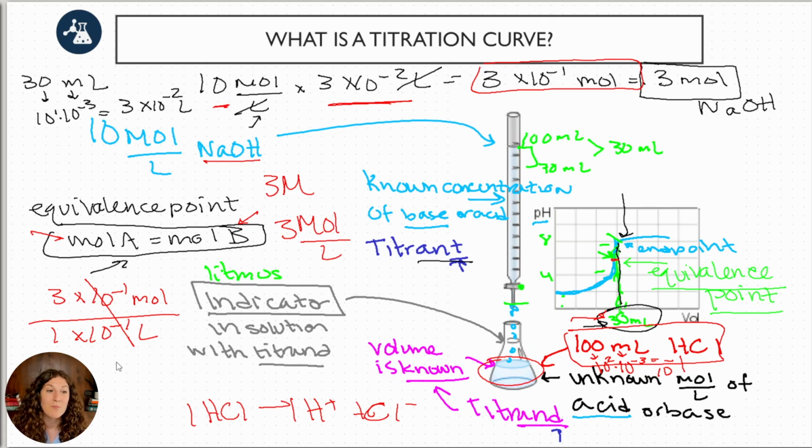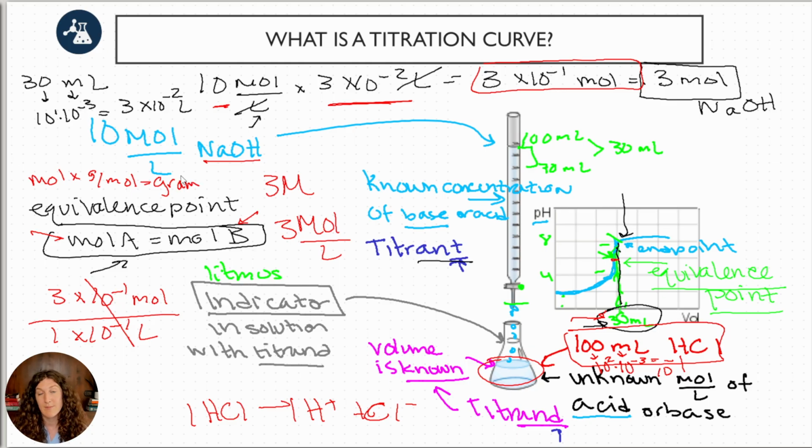But if you did need to know molarity, you would just divide by liters. And then of course, with stoichiometry, if you wanted to know grams and you have moles, well, you would just multiply by the molar mass. And that would be something provided to you in your question, or you would be given a periodic table and you could calculate that molar mass, and that would get you the grams of your acid.